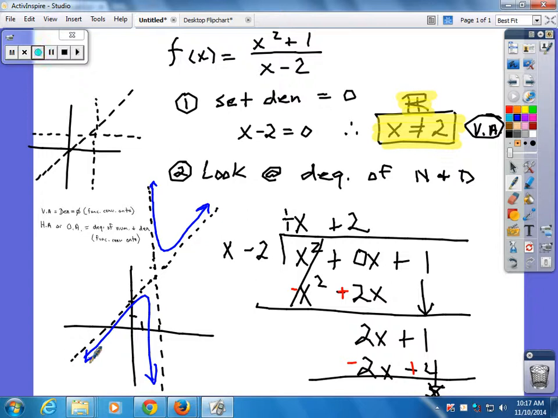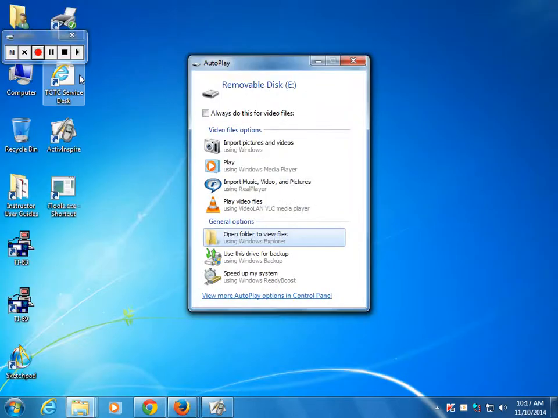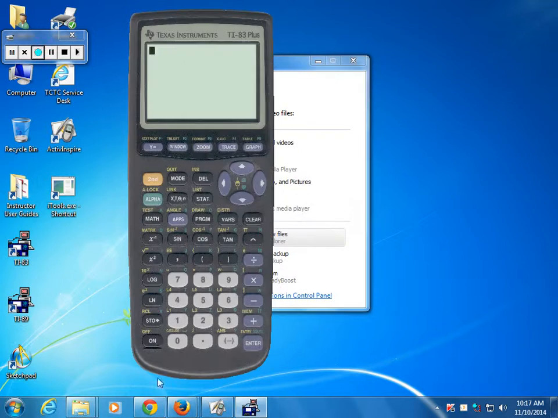I'll do it. Well, everybody may not have a calculator, so I better do it right quick. Y is equal to, parentheses, x squared plus 1, divided by x minus 2.